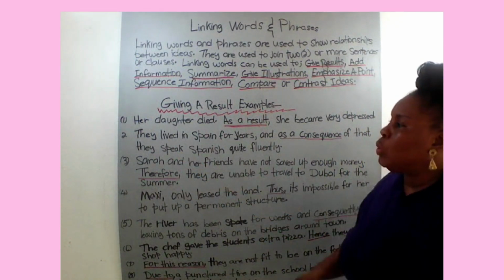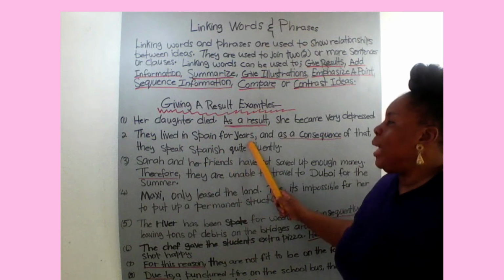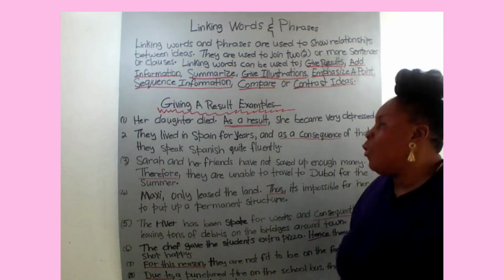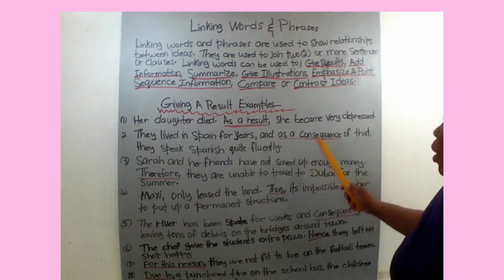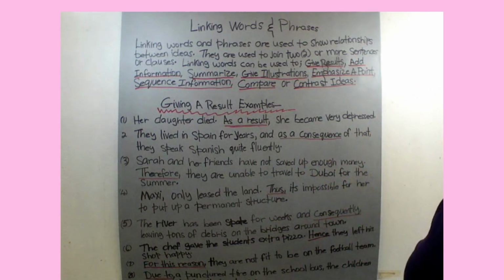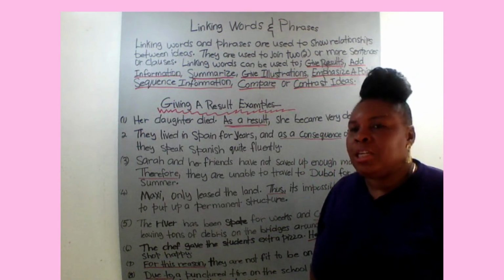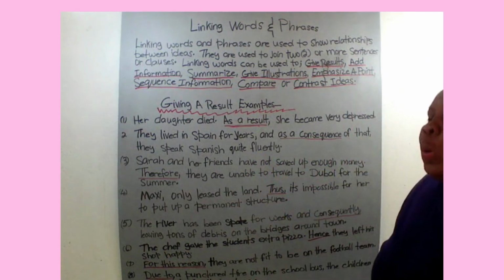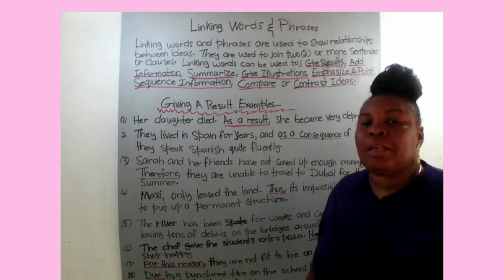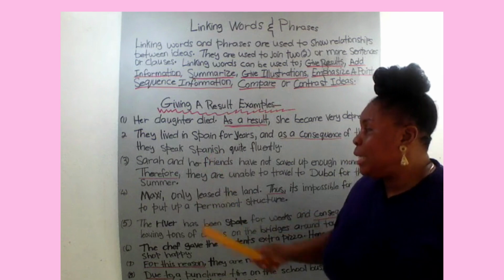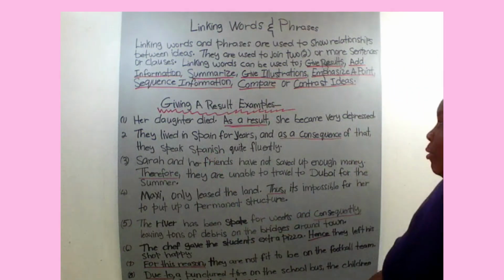Let's see number 2. They lived in Spain for years. As a consequence of that, they speak Spanish quite fluently. As a result of living in Spain for years, they speak Spanish quite fluently.